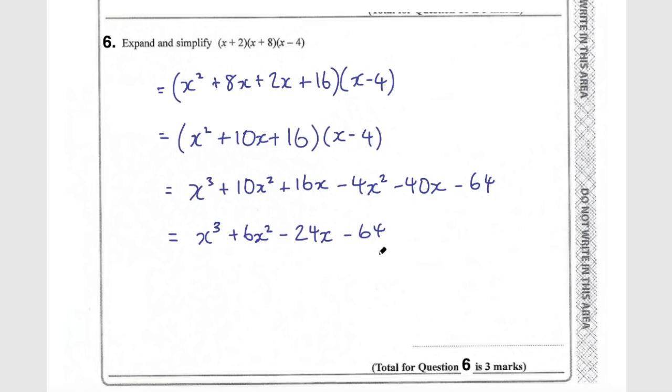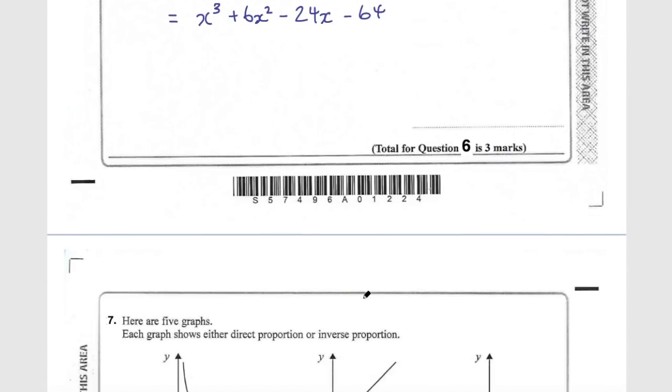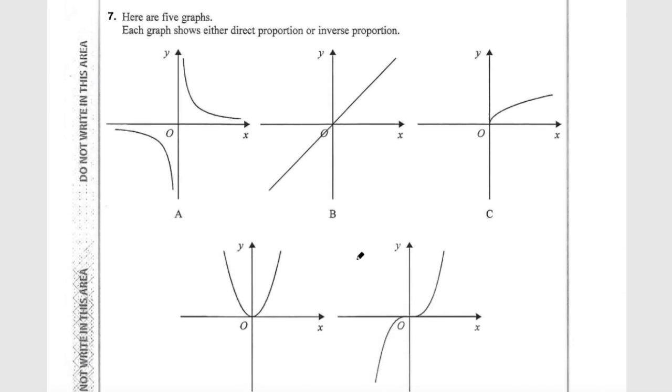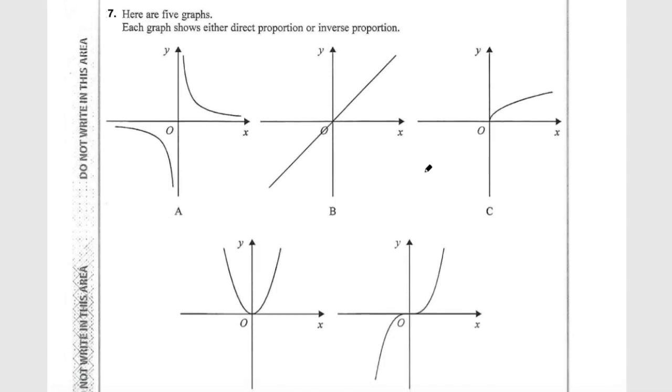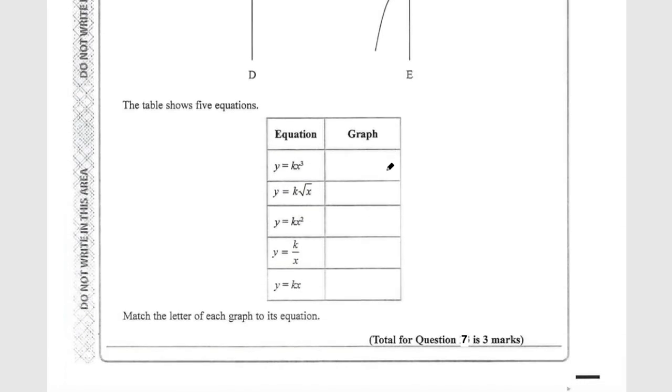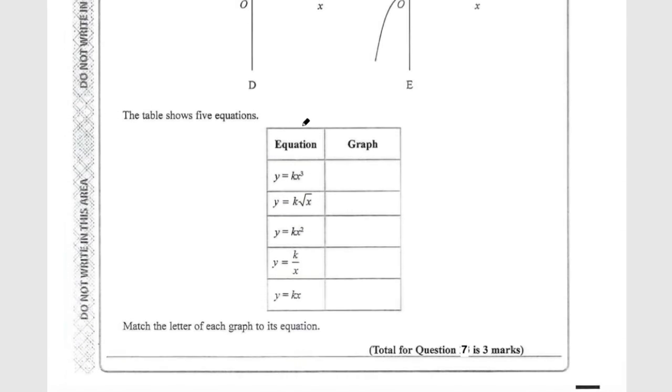And we can't simplify any further, so that's my final answer there. Question 7 says, here are 5 graphs. Each graph shows either direct proportion or inverse proportion. Okay, so we have our graphs here, and then the rest of the question says, the table shows 5 equations. Match the letter of each graph to its equation.